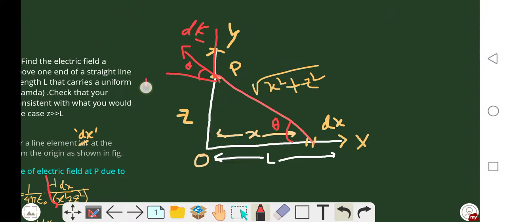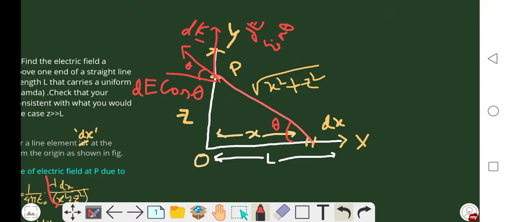So we can write dE cos theta. We know from the vector division rule, it will be this component, and the other component is dE sin theta.